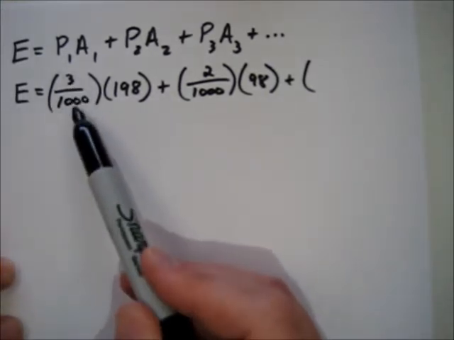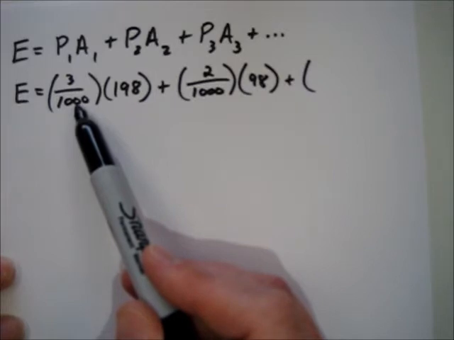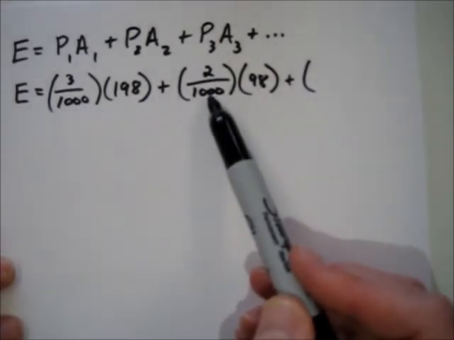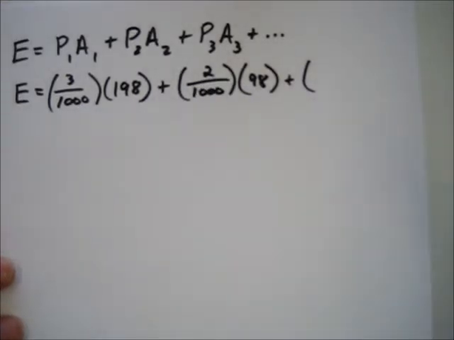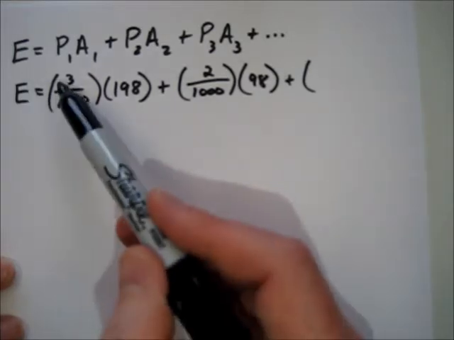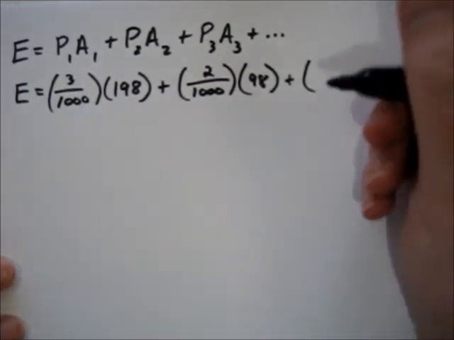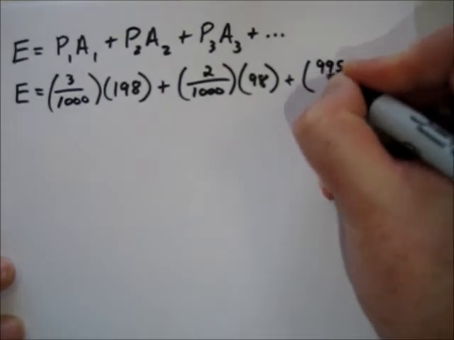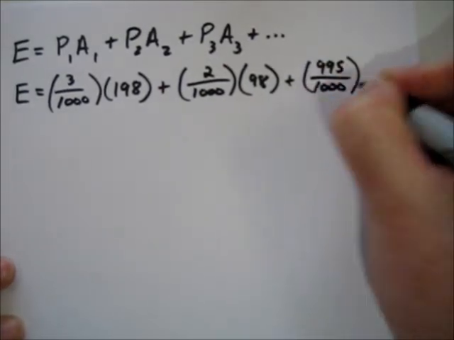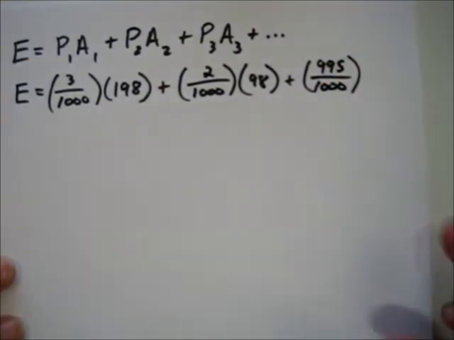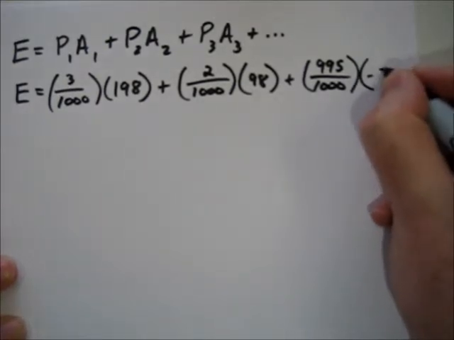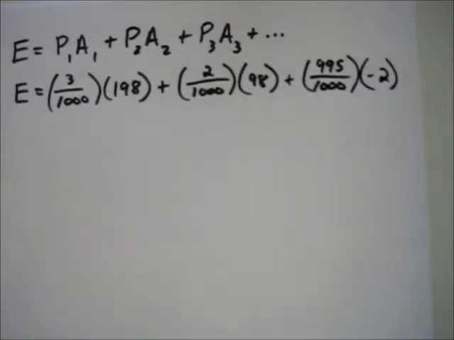Well, if 3 out of the 1,000 tickets are $200 winners and 2 out of the 1,000 are $100 winners, then how many does that mean are losers? Well, 5 were winning out of 1,000, so 995 out of the 1,000 are losing tickets. And your net gain in each one of those cases is negative $2.